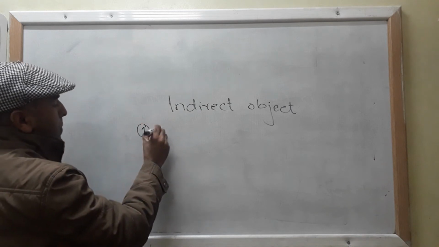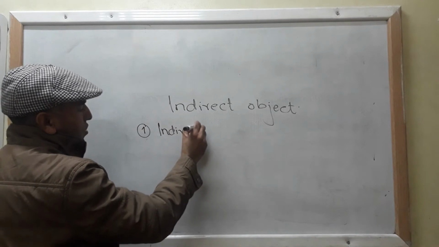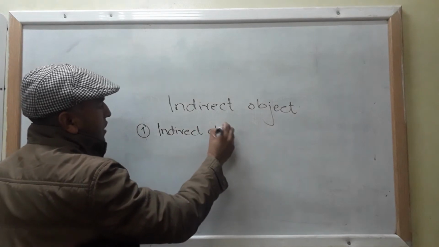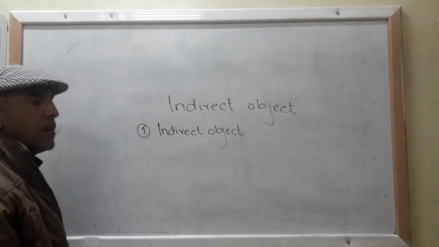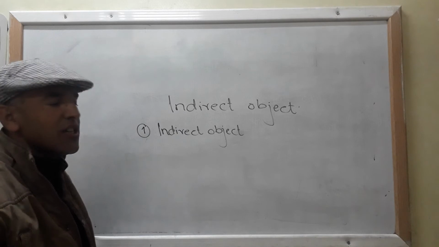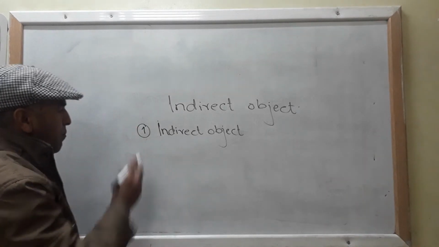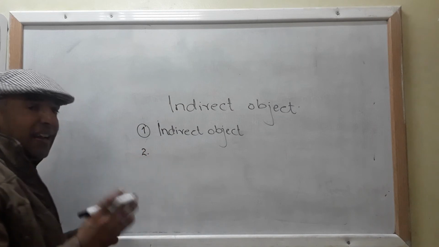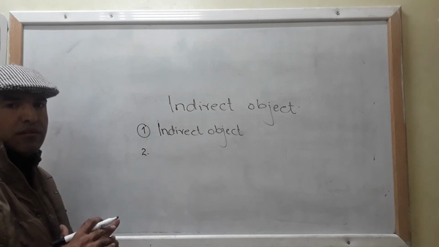Point number one, your indirect object receives your direct object, means your indirect object is the receiver of your direct object. I shall make you understand with examples. Point number two, your indirect object usually comes before your direct object.